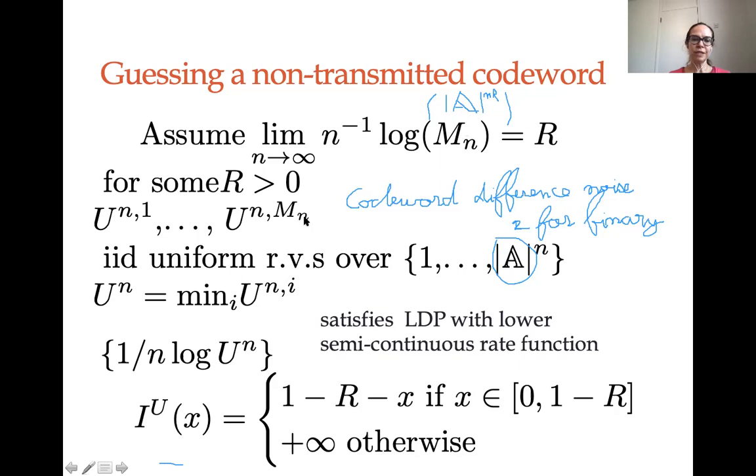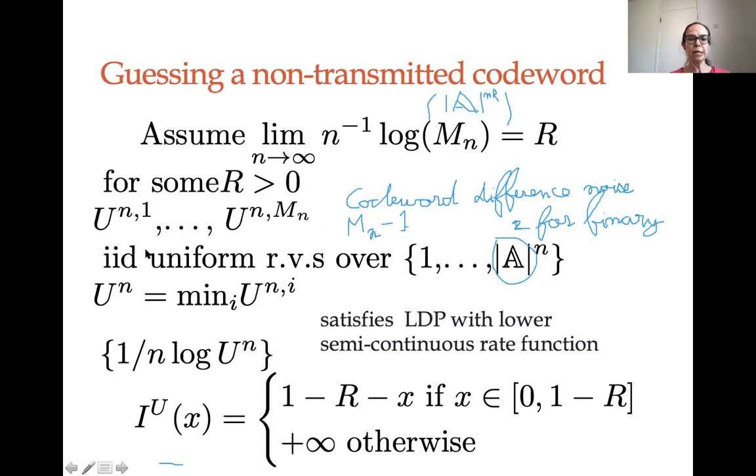Now, you can argue there are only mn minus 1 code word difference noises, because one of the noises, of course, leads to the correct message. That's fine. Because we don't want to fuss too much with it, I'm going to forget about that minus 1. In any case, it's a conservative assumption. So we're all in agreement that there are actually mn minus 1 code word difference noises, not mn, but we're going to just add an extra one so as not to drag this minus 1 around.